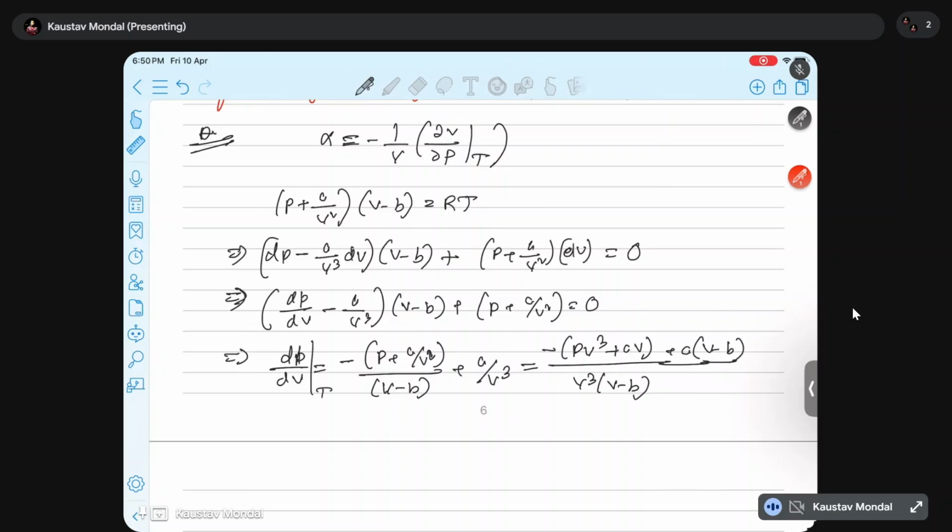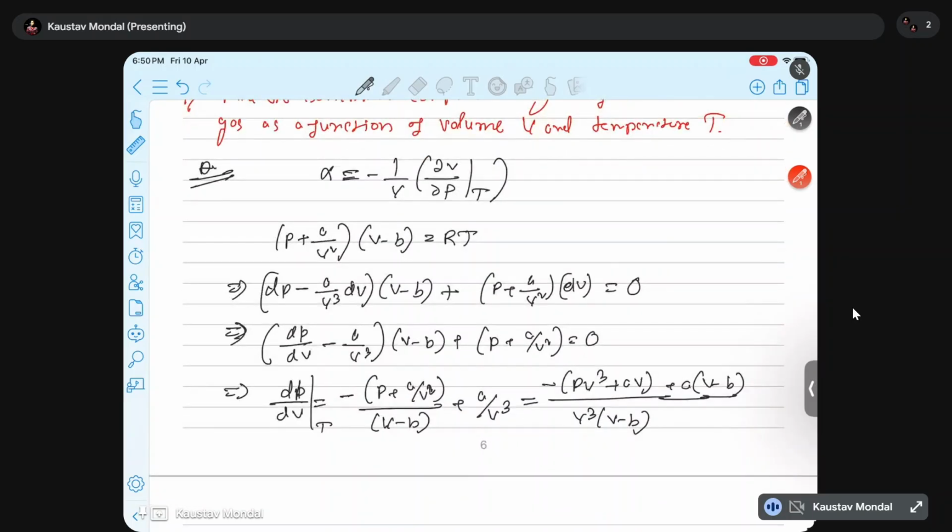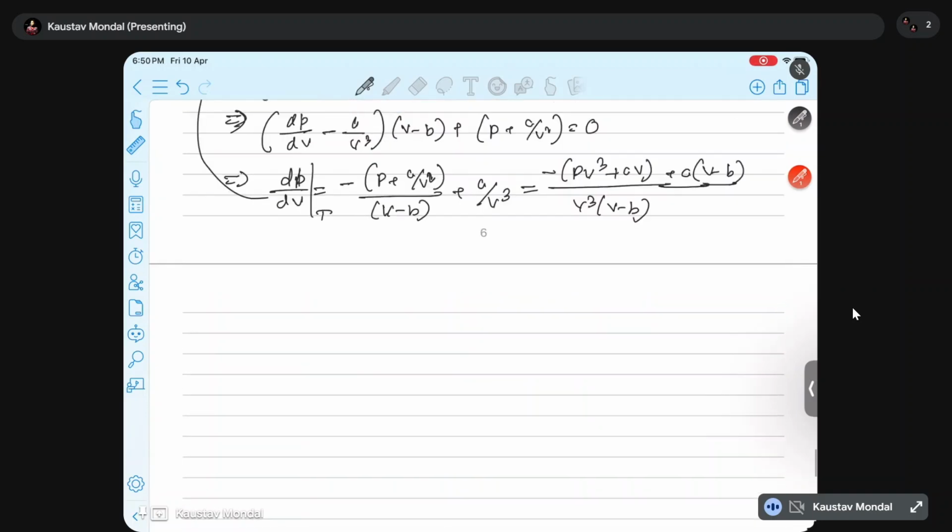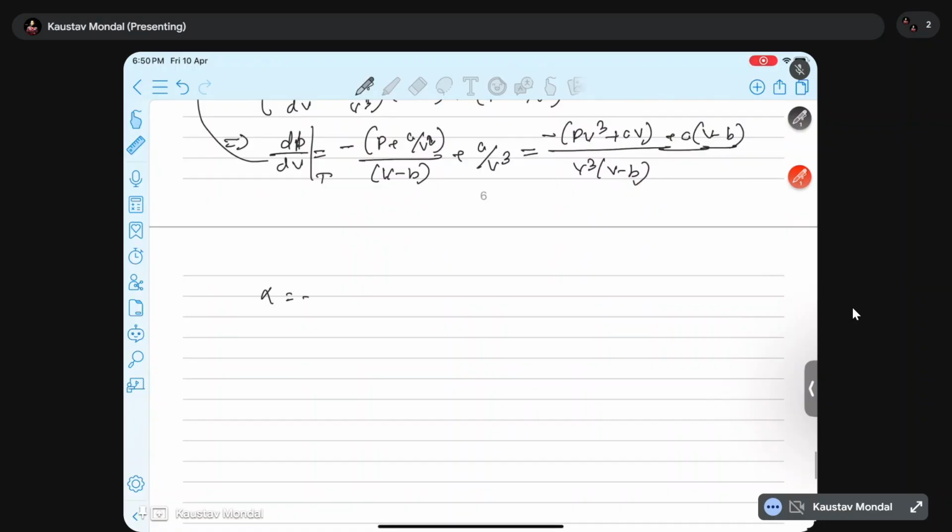We take the temperature as constant, that's why the right hand side is equal to 0. So we got the expression of dP by dV. Just take the inverse of it, so that gives you dV by dP, and put that into the expression of alpha. After doing that, you will get alpha equal to minus 1 by V times the inverse, with the numerator V cube into (V minus b).